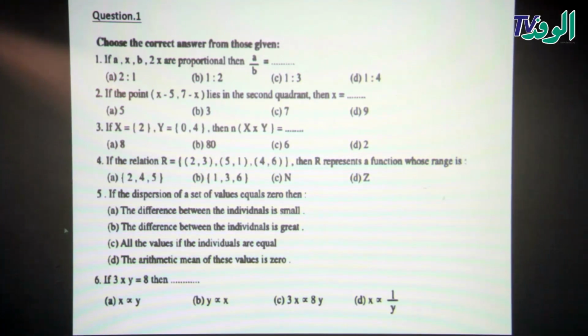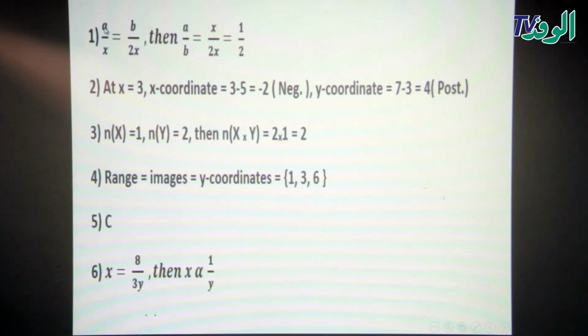Let's see how we deal with a question like this. As we see, I have 4 proportional quantities, okay? We find that first, which is a, over second, which is x, equals third, b, over fourth, 2x. Now if I put the x in place of b and b in place of x, I have a over b equal x over 2x. We can cancel x to be in the simplest form.